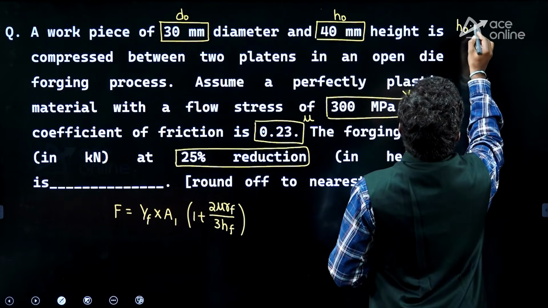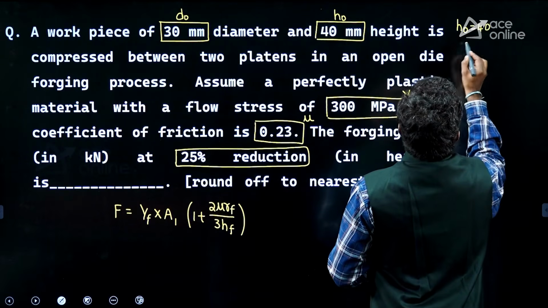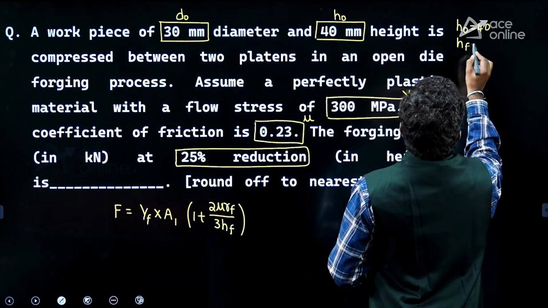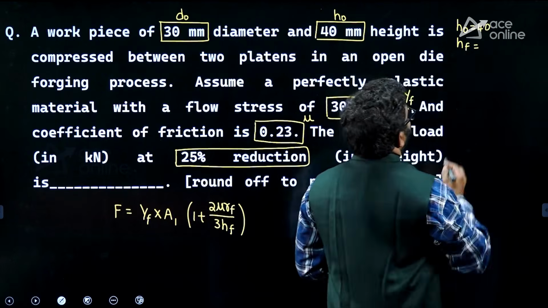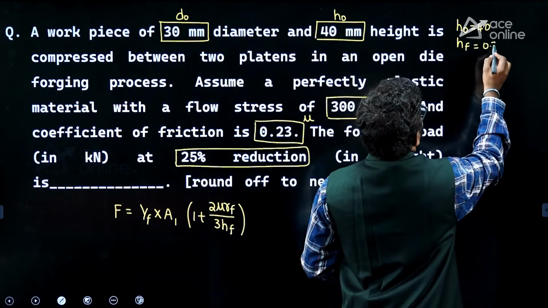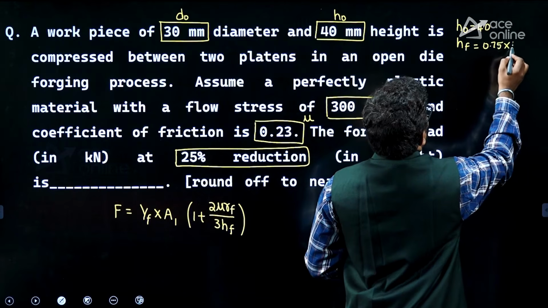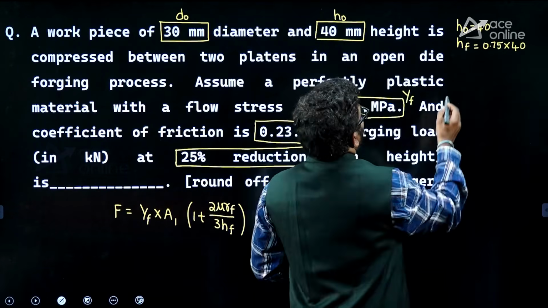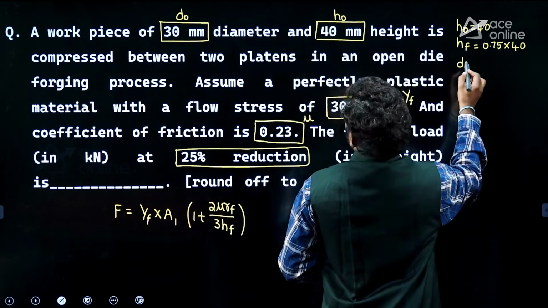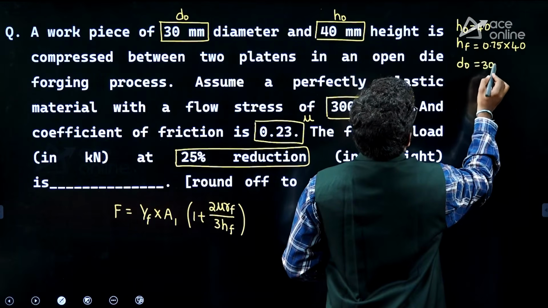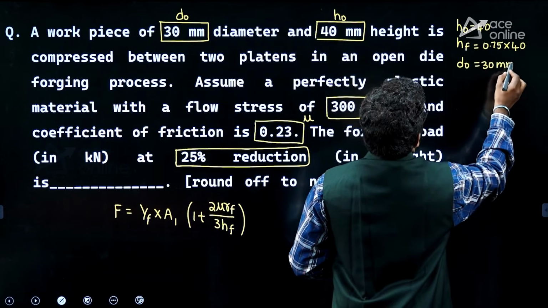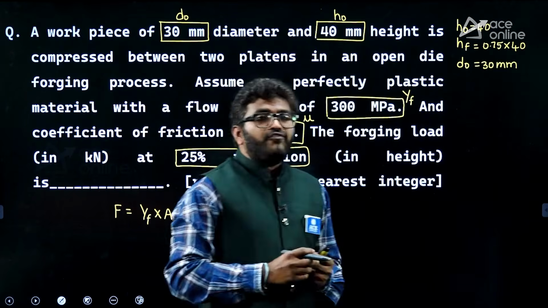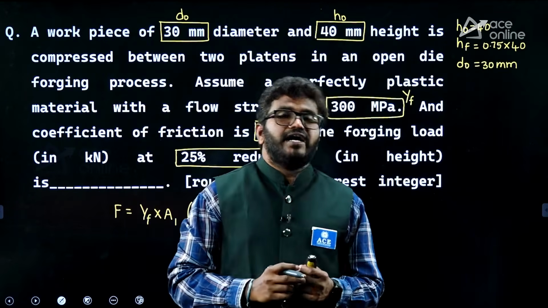If H naught is 40, then H final or H1 is 0.75 into 40. And we know D naught is 30 mm. All are in mm.